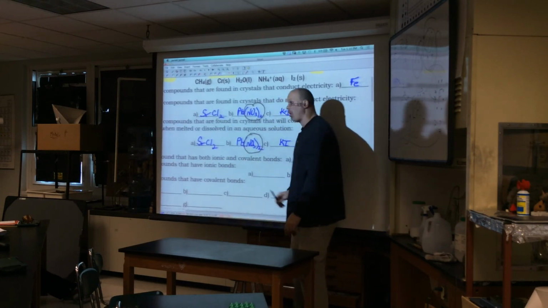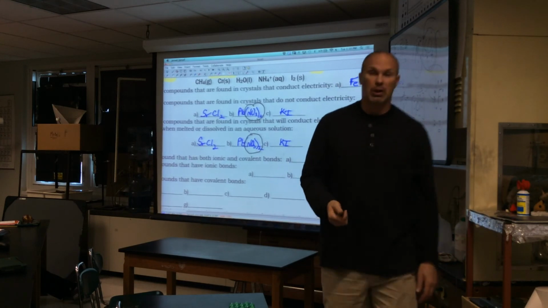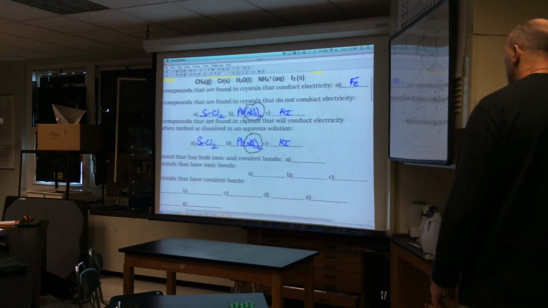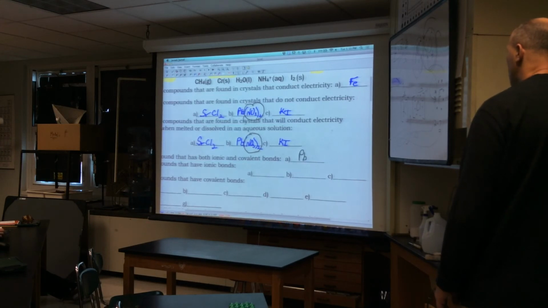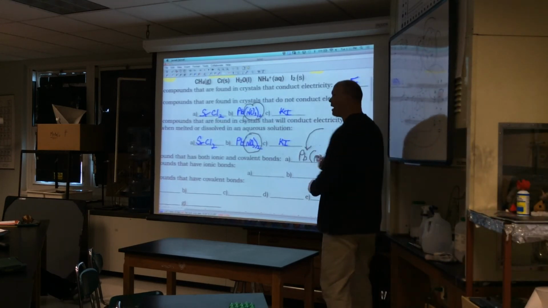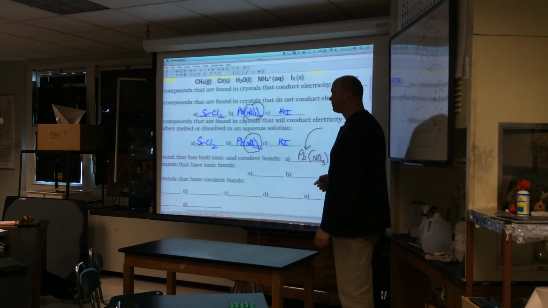So the answer to this is what? You're looking for something with a polyatomic ion, and it's what? Pb, in this case lead(II) nitrate. Between the ions is ionic, and between the nonmetals is covalent.